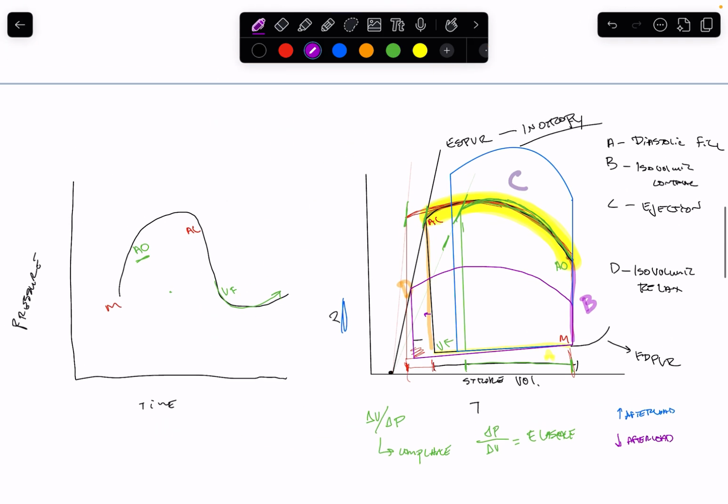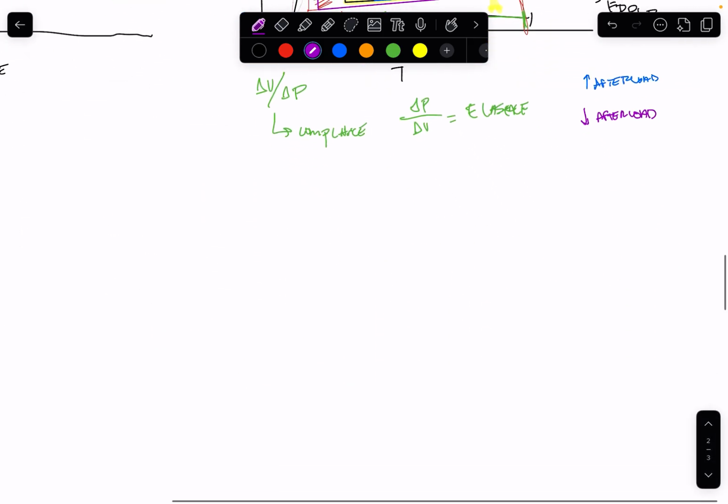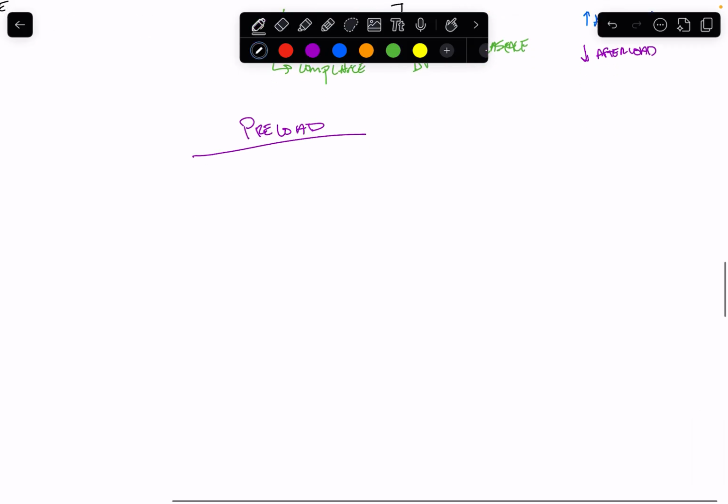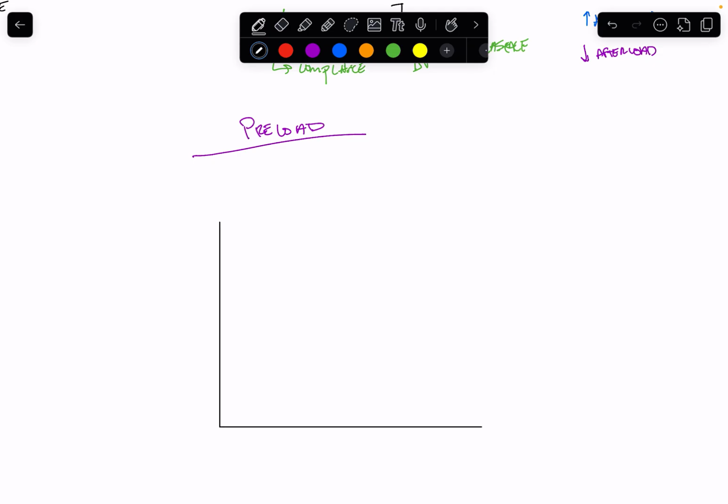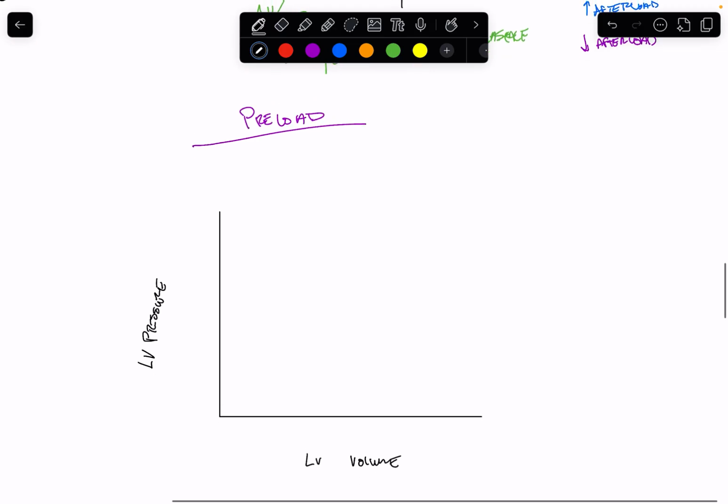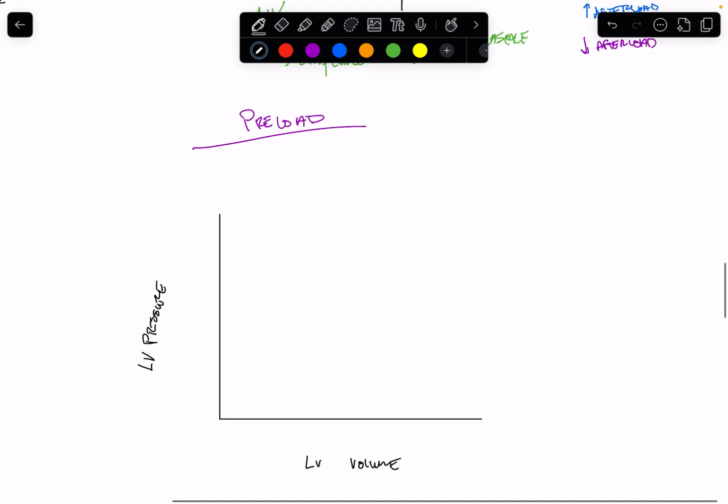Okay, so now we'll talk about preload. I'm going to draw another graph here. Pressure, volume. We'll have our control.